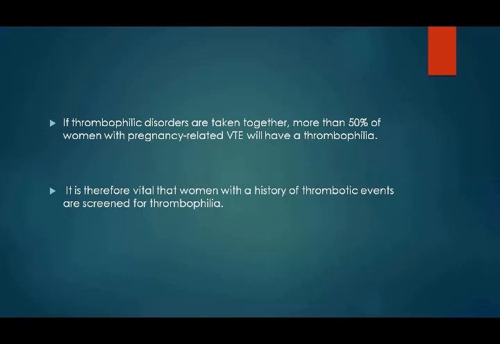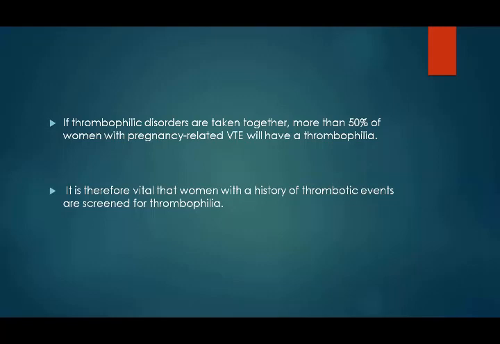So with this, what we understand is that whenever you are assisting a woman in pregnancy with thromboembolism, then definitely about 50% of this population would have a hereditary thrombophilia as well.